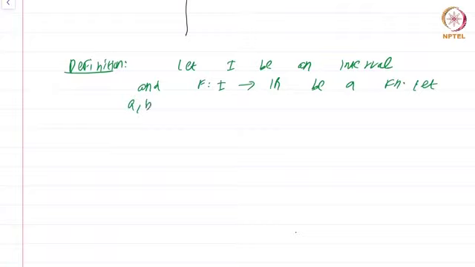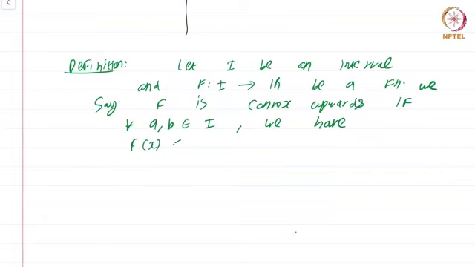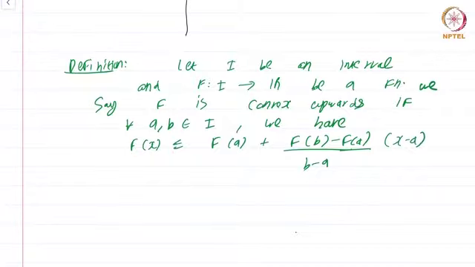We say f is convex upwards if for all a, b in I we have f(x) is less than or equal to f(a) + (f(b) - f(a))/(b - a) times (x - a).